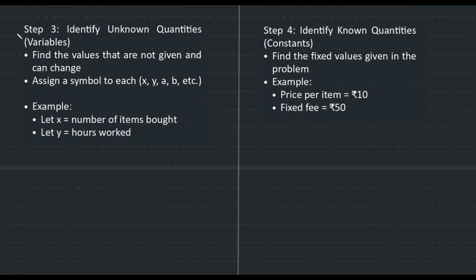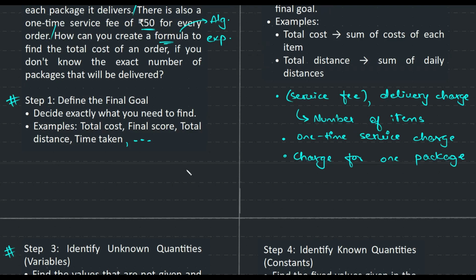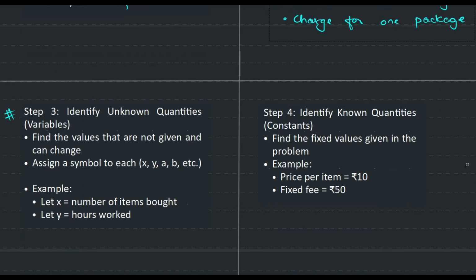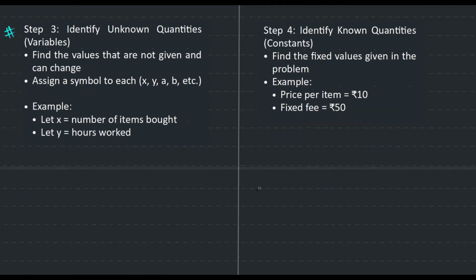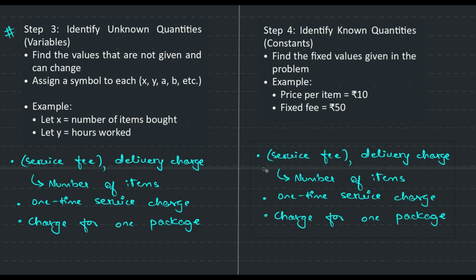Now, identify the unknown quantity over here. With all of this, what is unknown? Delivery charges, this is fixed. Number of items, we don't know. One-time service charges, this is fixed. Charges for one package, this is fixed.